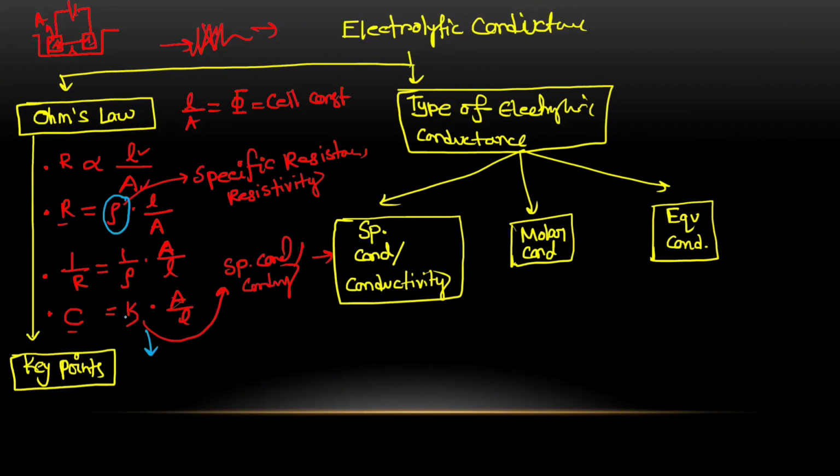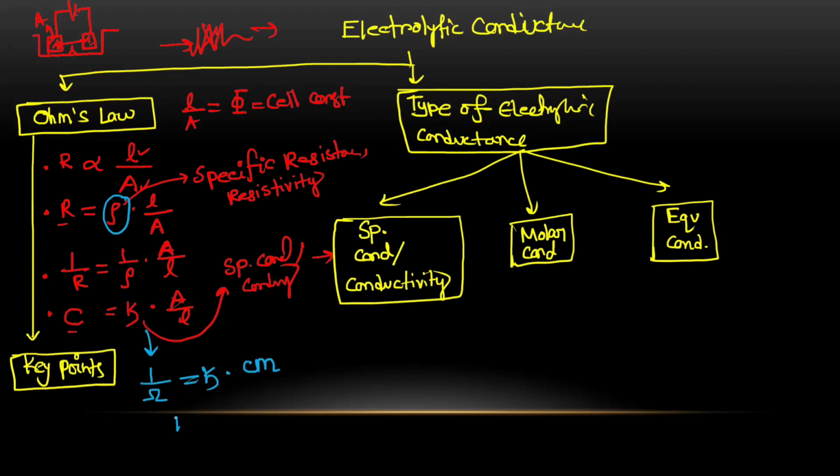To derive the unit of kappa, C means conductance, which is basically 1 by ohm. So 1 by ohm equals kappa into area upon length. The overall unit will be centimeter, isn't it? Centimeter square upon centimeter, so centimeter only.